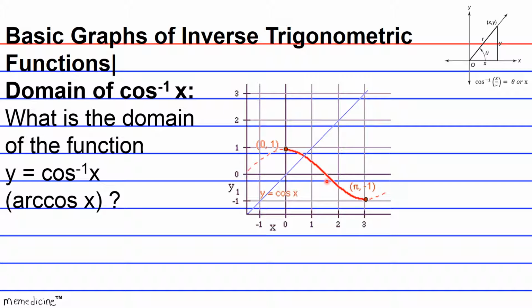So in essence, you're interchanging the domain of y equals cosine of x to make it the range of y equals the inverse cosine of x, and you're interchanging the range of y equals the cosine of x to make it the domain of y equals the inverse cosine of x. Hearing this initially is a little confusing, but it's going to be very clear once it's demonstrated on the graph.